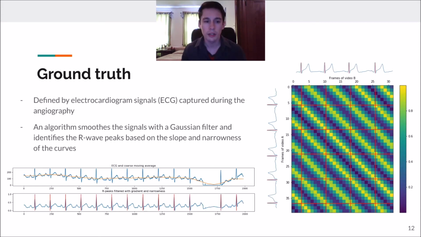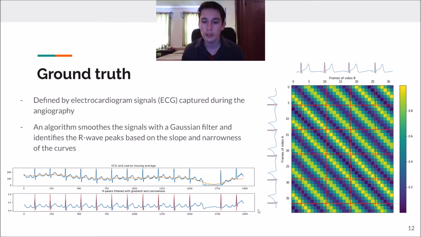The ground truth data used to train my model is defined by the electrocardiogram signal captured during the angiography. My algorithm smooths the signal with a Gaussian filter and then identifies the R-wave peaks based on the slope and narrowness of the curves. Like I've said before, this kind of algorithm can be thrown off by artifacts in the electrocardiogram signal.